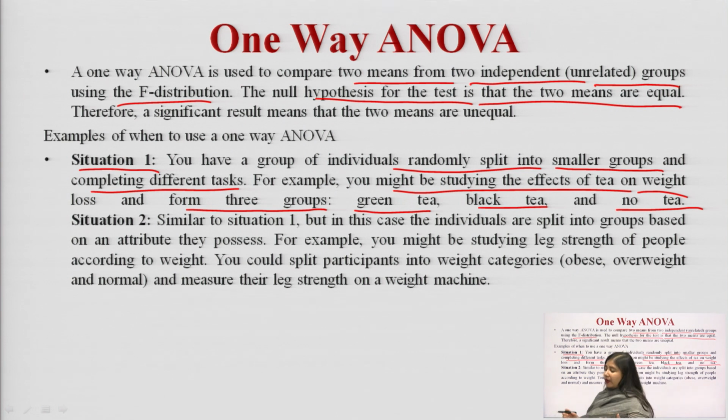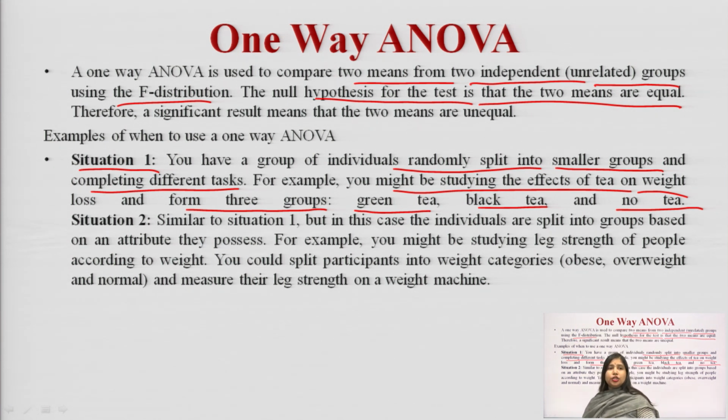You try to find out the relationship between tea and weight gain. You divide the groups so that the first is offered green tea, the second is offered black tea, and the third group you do not offer tea. So you can understand whether there is any relationship between the use of tea and your weight loss.